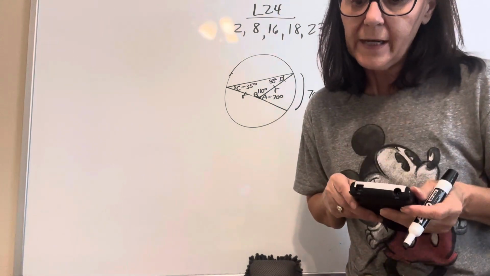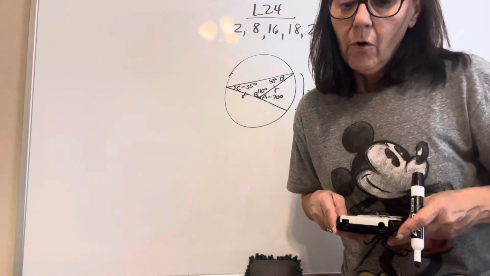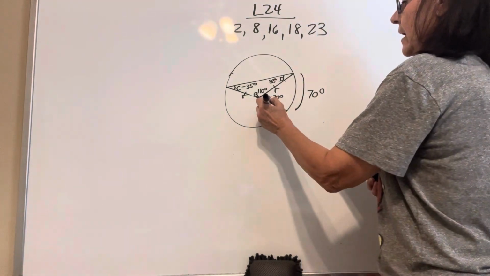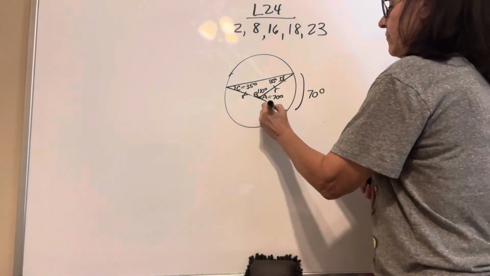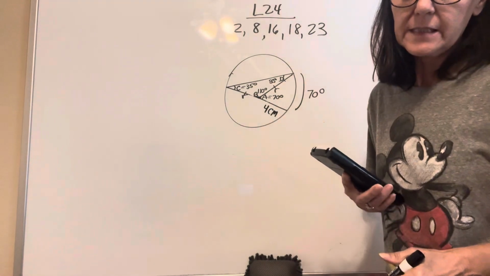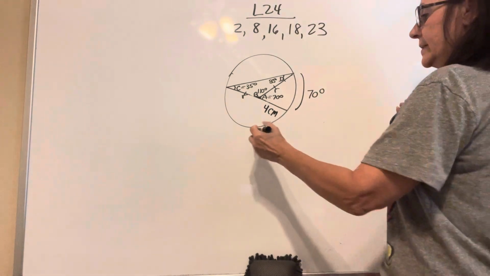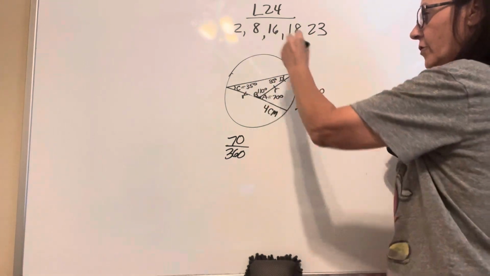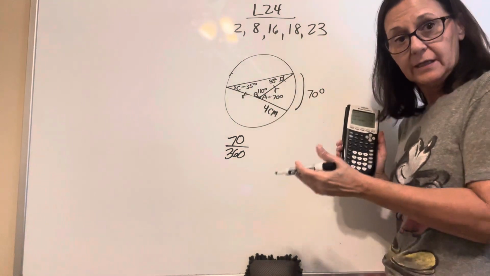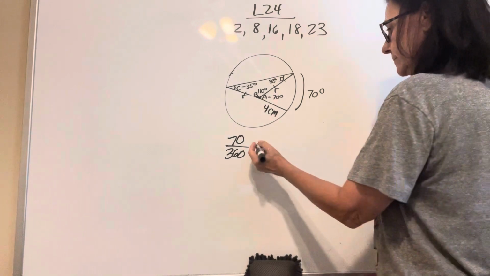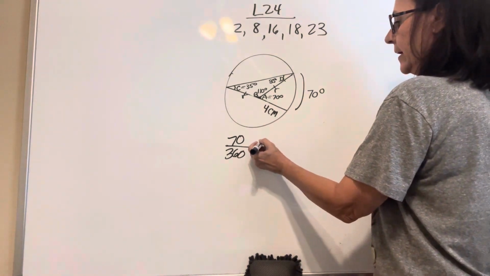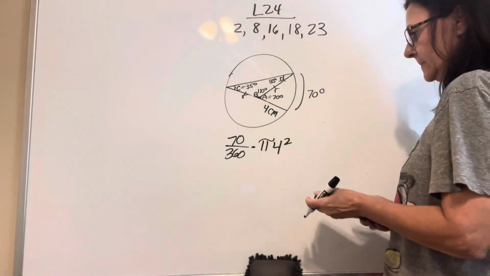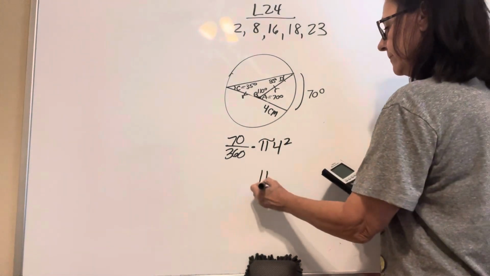All right. If the radius of the circle is 4 centimeters, what is the area of the 70-degree sector? So it's 70 over 360, which is the fraction that we're going to do of the whole area. And area is pi r squared. So we'll leave pi as pi.